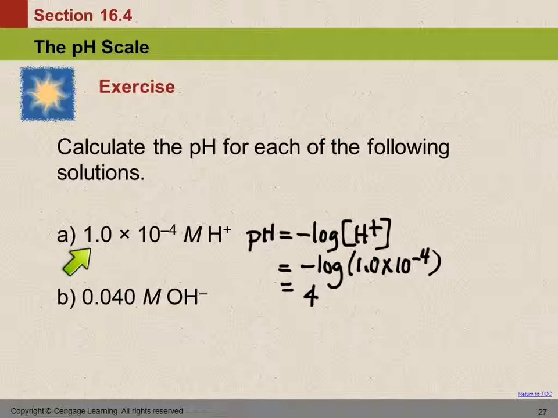This number has 2 significant figures, so we should add 0.00 at the end. pH does not have a unit. This concentration is always in moles per liter, and then when we take the log of it, it doesn't have a unit.